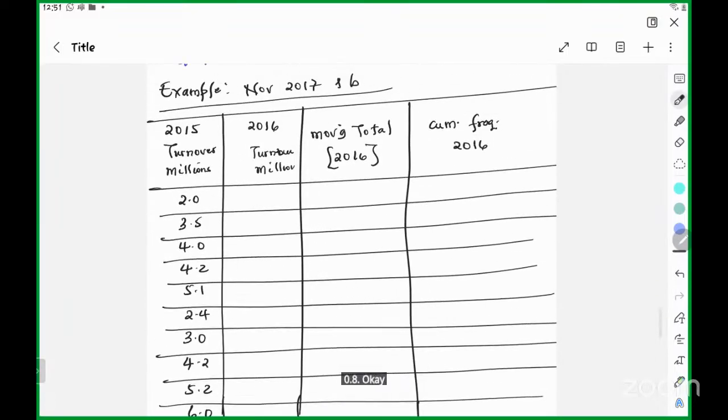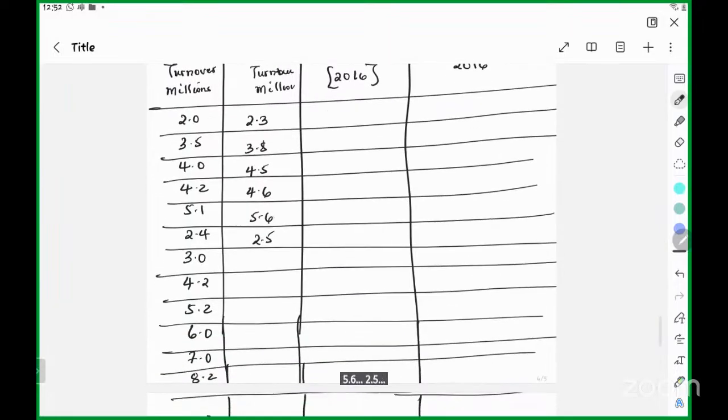Okay, now for 2016 I got 2.3, 3.8, 4.5, 4.6, 5.6, 2.5, 2.9, 4.0, 5.8, 6.2, 7.6, and 9.6.